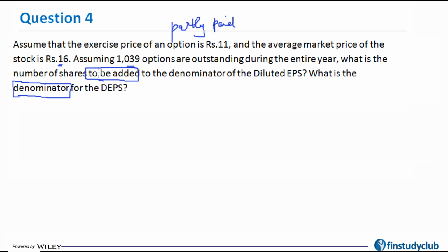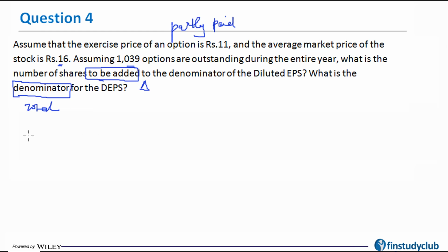Now there are 2 questions being asked. What is the number of shares to be added, which means only the delta? And the second is, how much is the total denominator for diluted EPS? The objective of giving you both questions is that you have to be absolutely clear in the exam as to which is being asked, because the numbers are very, very different. One is the delta, the other one is the total.